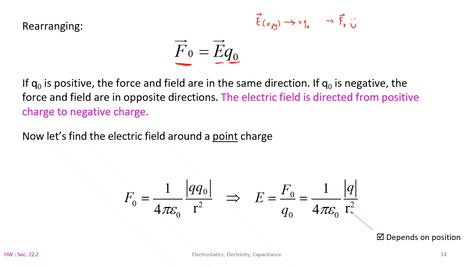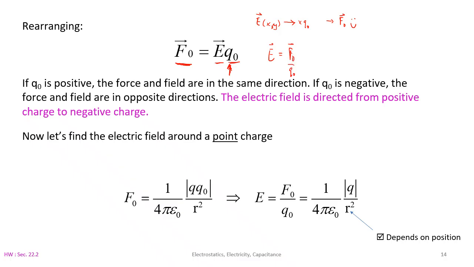You can also see that the sign of the charge is important. So if Q is positive, let's rewrite it like this. Electric field is F naught over Q naught.